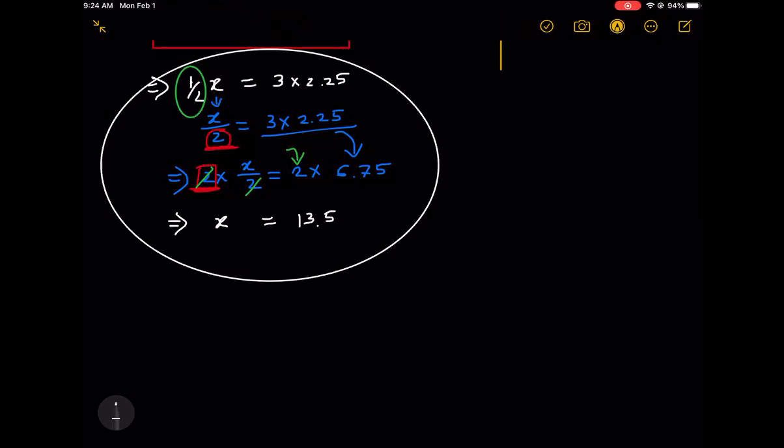So let's first see what's the conversion. Yeah, the second one, 1 mile equals 5280 feet.